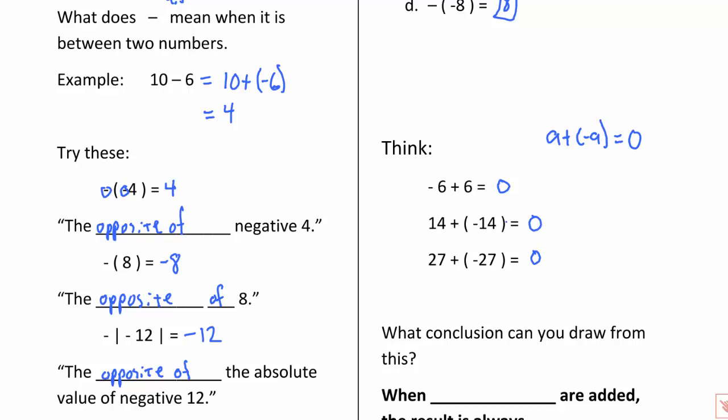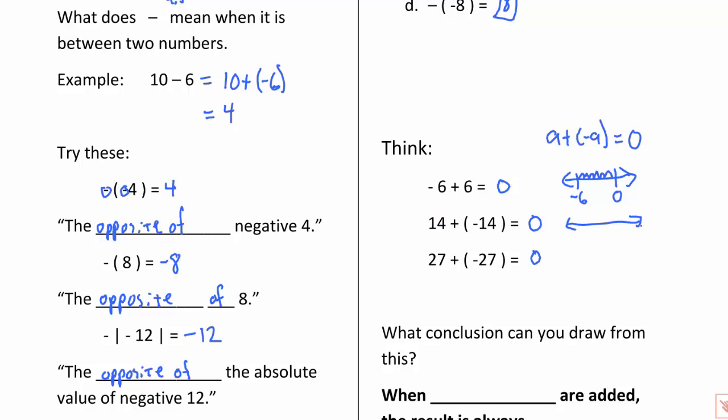equals 0. Now what we could do is we could draw a number line here. So negative 6 plus 6 means I start at negative 6. I add on 6. 1, 2, 3, 4, 5, 6. I ask myself, what number is that? Well, that's 0. So negative 6 plus 6 gives me 0. Down here, the same thing for 14 plus negative 14.